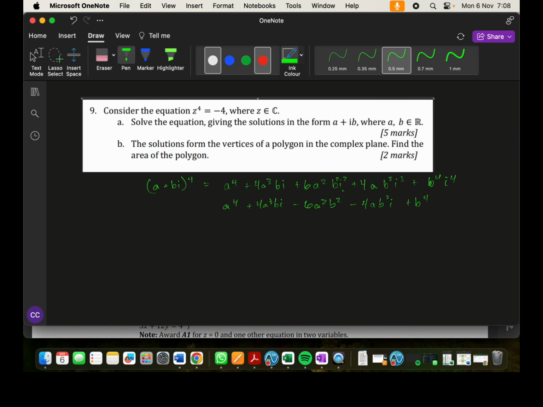So from that, what we need to do is gather our common terms. We need to get our imaginary terms and our real terms together. My real parts are a to the 4th minus 6a squared b squared plus b to the 4th.